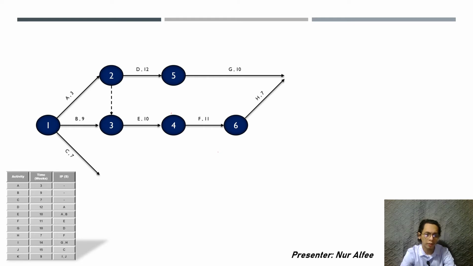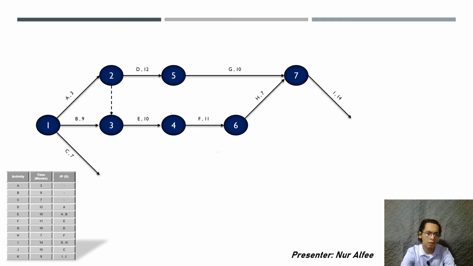Next, we have activity I with predecessors G and H. That's the reason why we have an interconnected line of G and H for the seventh event with activity I for 14 weeks.